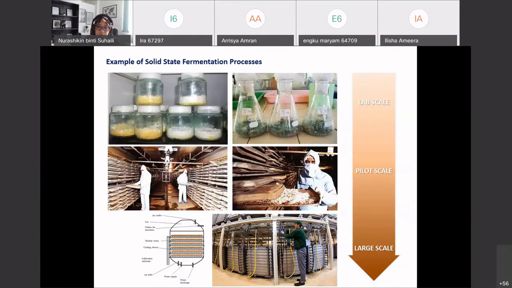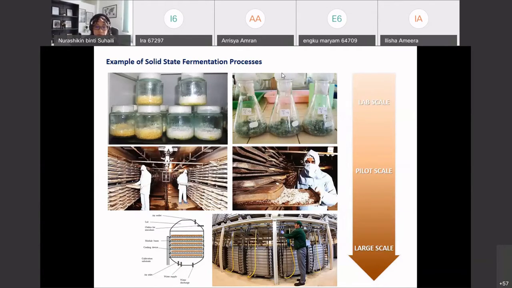You can see that at the larger scale here, there is a tubing that provides the aeration. Compared to the lab scale just now, there is no tubing or addition of oxygen, right? So it depends on the natural transmission of air through the cotton on the top of the tray flask. So that's the big difference.